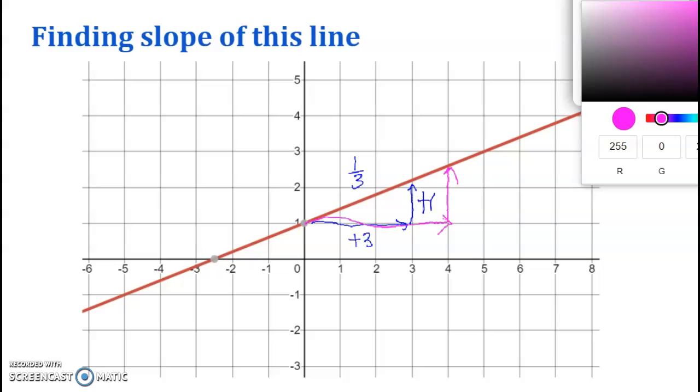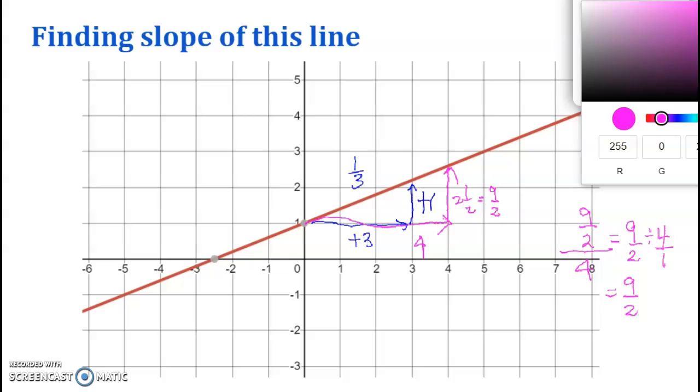So then that's 4 units to the right. And it's 2.5. Okay, so 2.5. All right, then it's rise over run. 2.5 is the same as 5/2. So then the slope becomes 5/2 divided by 4, which is the same as 5/2 multiplied by 1/4.